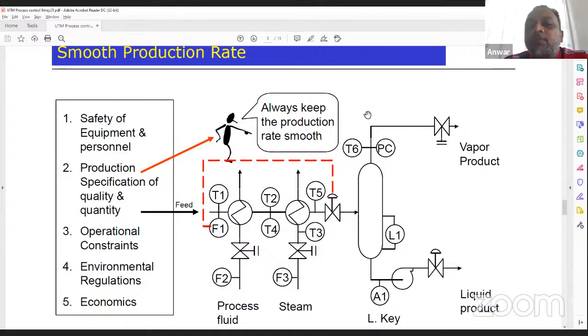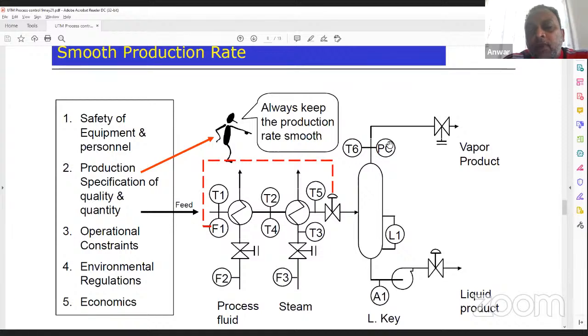Why we need to keep the production rate smooth is very important, because when you are running a chemical plant as a process engineer, if you have a process which has a lot of disturbance and is not smooth, at the end of the day it will impact the yield and also the productivity.